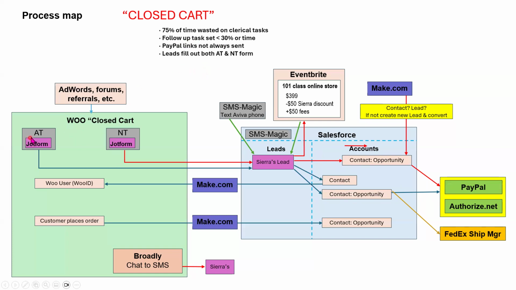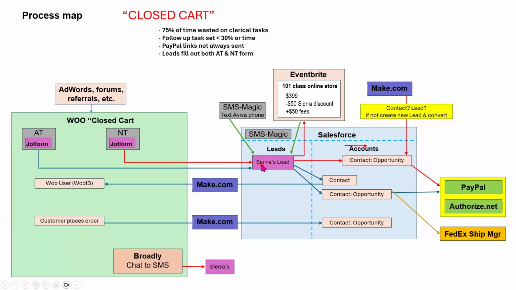It's also possible for leads to fill out both AT and NT forms. Sometimes they are over here because they don't even have spray equipment. They don't have training, so samples are going to be worthless to them, but they start poking around the website and they're like, ooh, these samples look great. So they fill this out also. That's going to be a duplicate, which will get blocked by our duplicate manager over here in Salesforce. That was a problem we realized after a while.